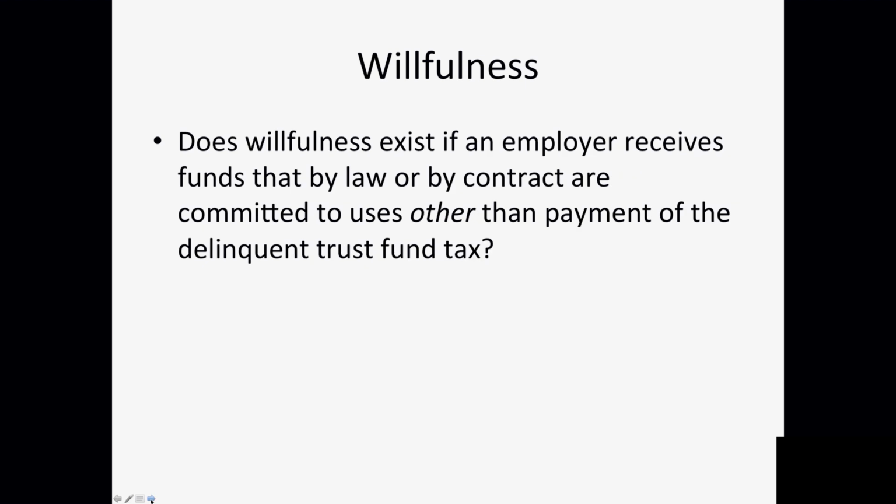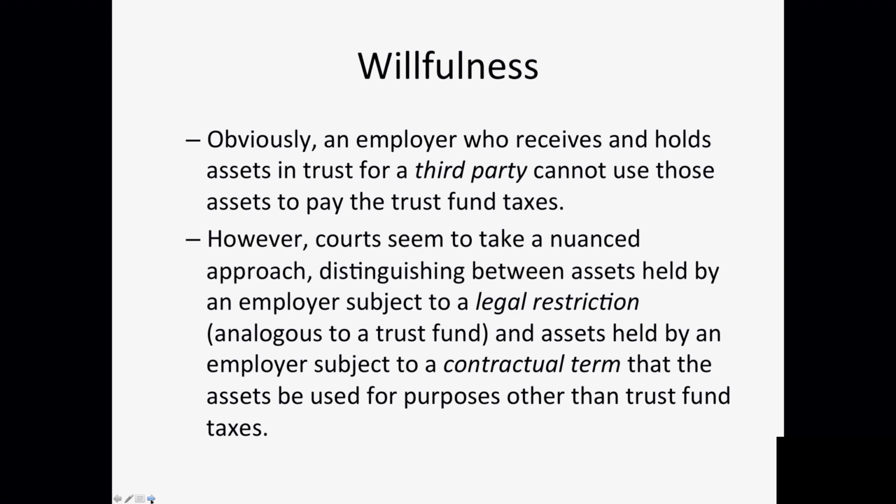Does willfulness exist if an employer receives funds that by law or by contract are committed to uses other than payment of the delinquent trust fund tax? Well, that poses an interesting question. If an employer receives and holds assets in trust for a third party, he or she cannot use those assets to pay the trust fund taxes.